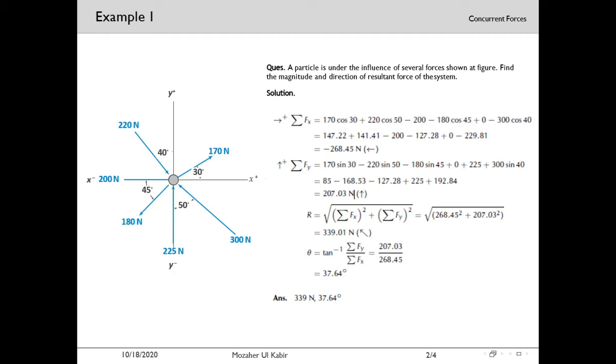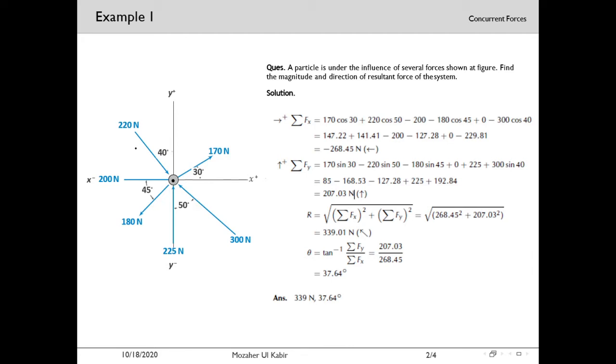Here is our first example. In our previous lecture, we had seen different types of forces also. According to that, this is a concurrent force. That means all of the forces are acting at a certain point.